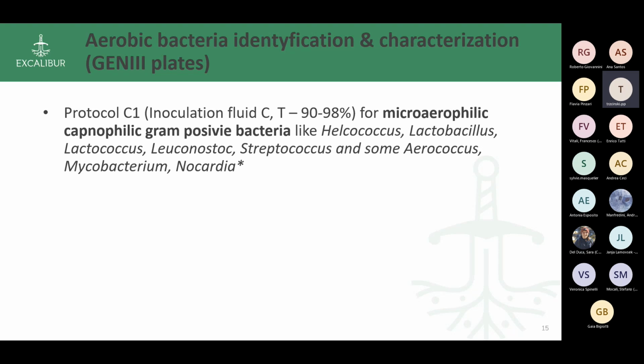Capnophilic means that they need more carbon dioxide in the atmosphere, and microaerophilic means they need lower amounts of oxygen. Nocardia can also be identified with the use of protocol B, but this depends on the strain or species.